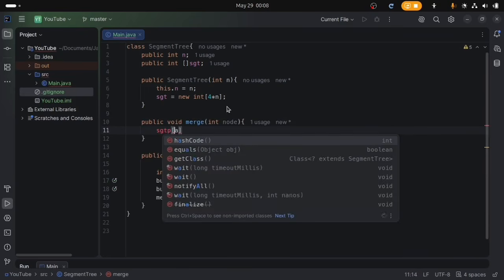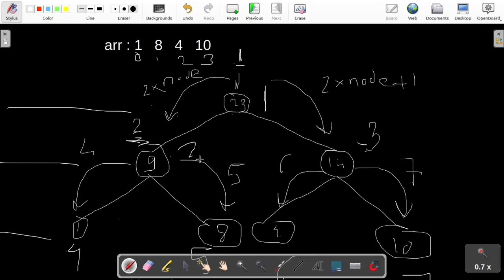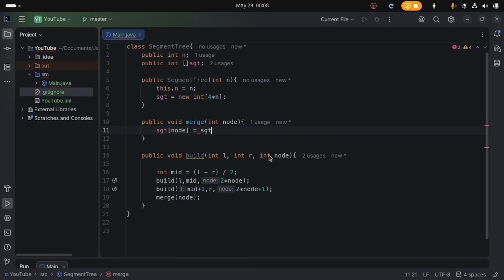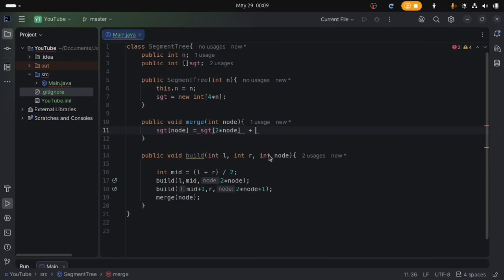So node is denoting our current segment tree node. It will combine the answers from left and right child, which will be 2 times node and 2 times node plus 1. So it will be sgt of 2 times node plus sgt of 2 times node plus 1. Okay.